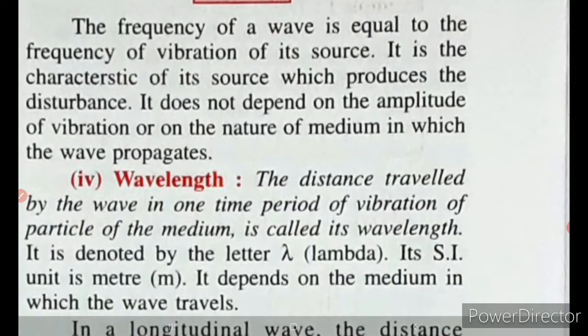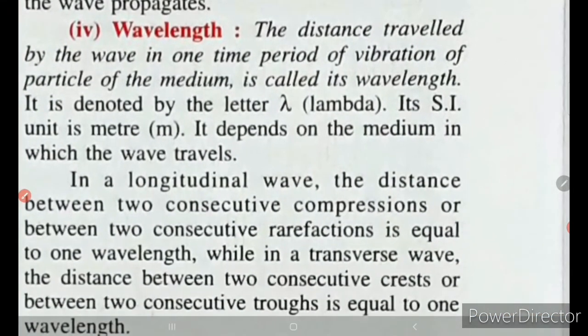It is denoted by the letter lambda. Its SI unit is meter, and it depends on the medium in which the wave travels. So wavelength depends upon the medium, whereas the frequency does not depend upon the medium. Here they are saying the frequency does not depend upon the amplitude of vibration or on the nature of the medium, but wavelength depends on the medium in which the wave travels.